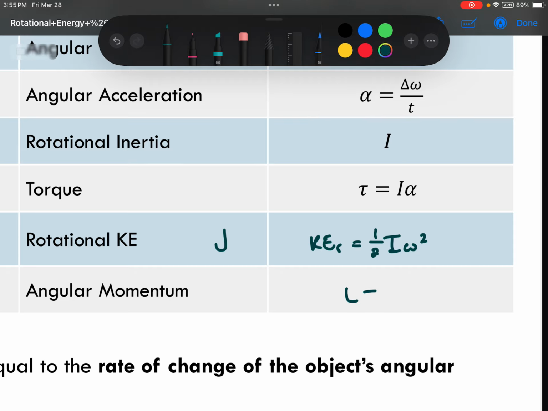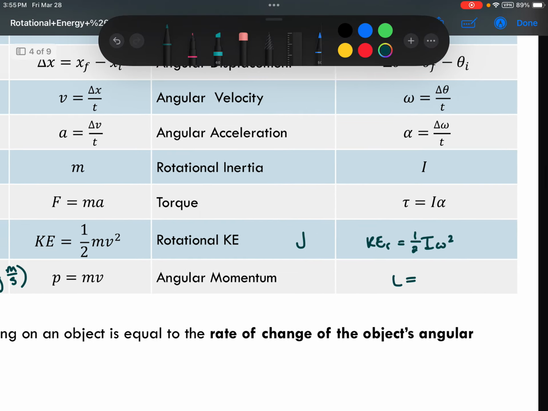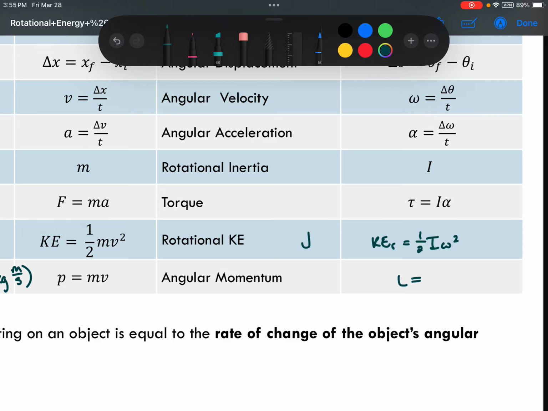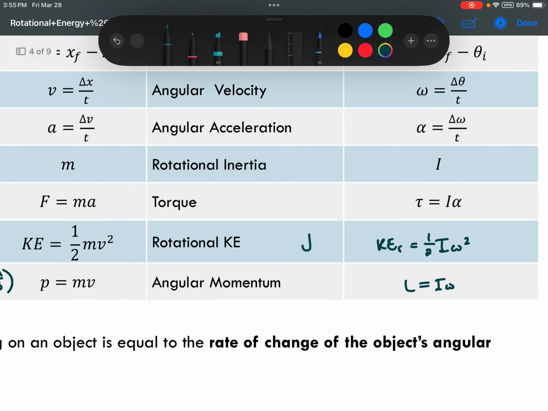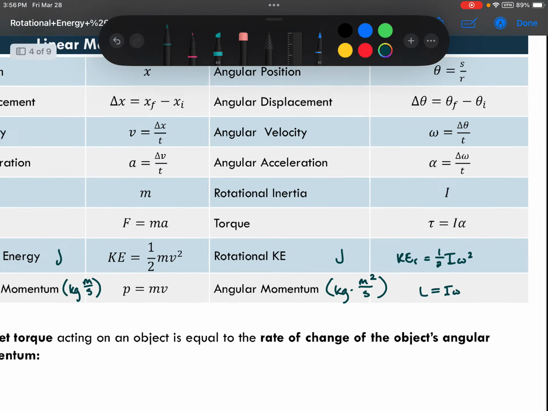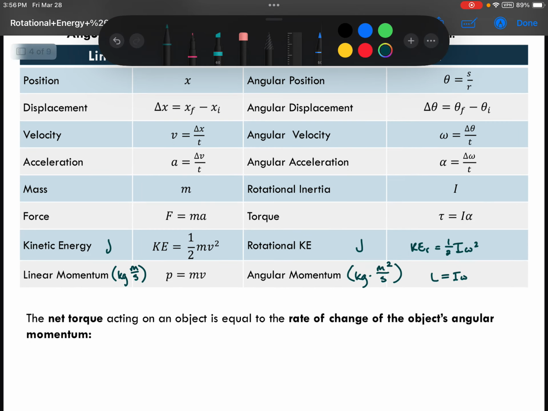Angular momentum is L, and so L equals I omega is what that equation is going to look like. And our units for angular momentum are kilograms meters squared per second. And so that is our next idea we're going to be looking at.